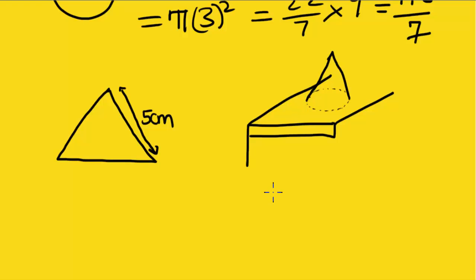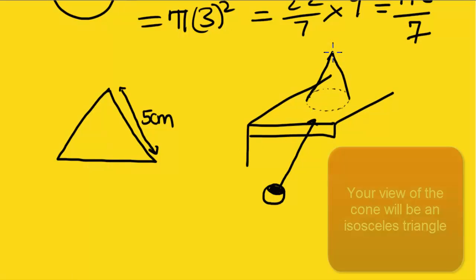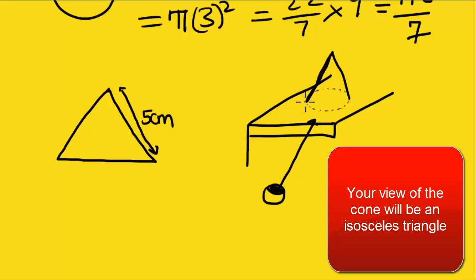Now, I'm telling you that if you look from here, and you can test this at home, you look at the cone, this is what you see. You literally just see this outline. You see a triangle, and a flat kind of surface, which would be the table surface.